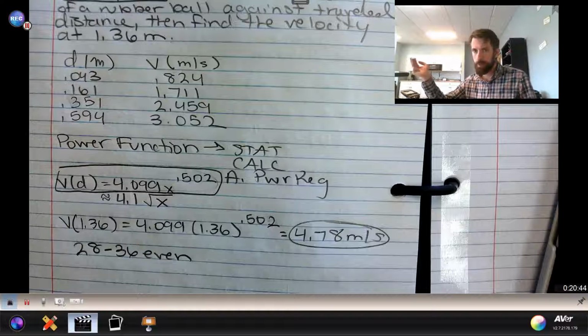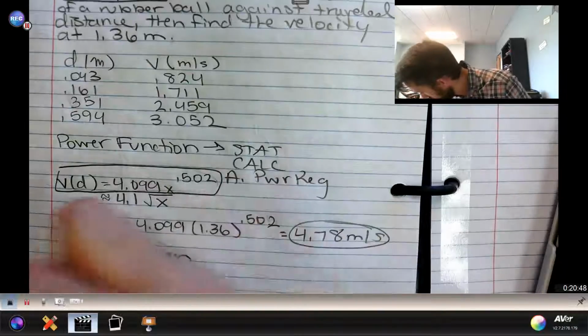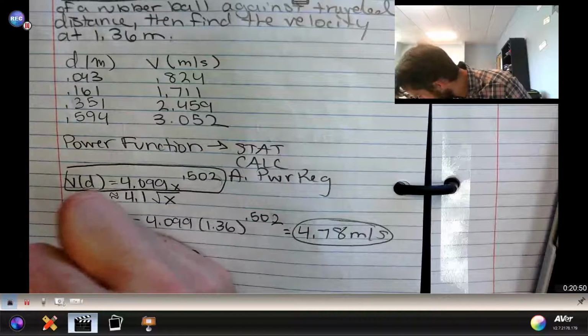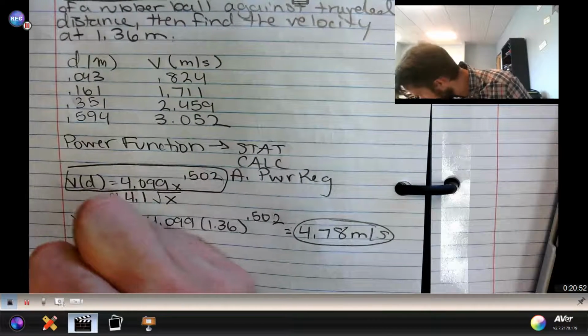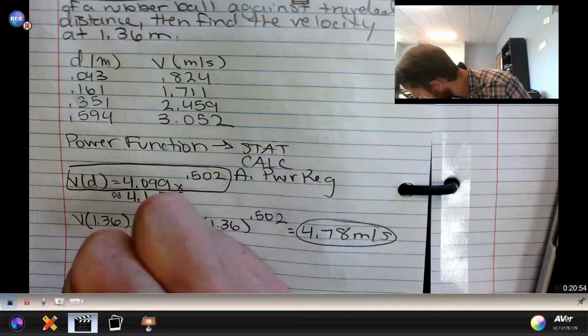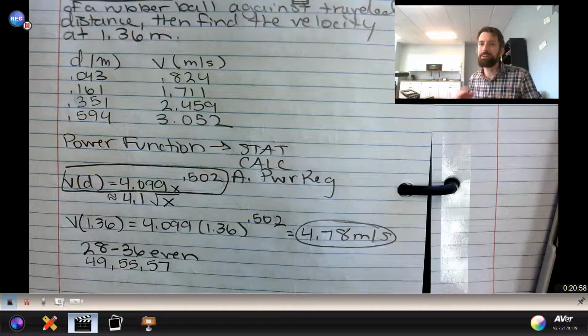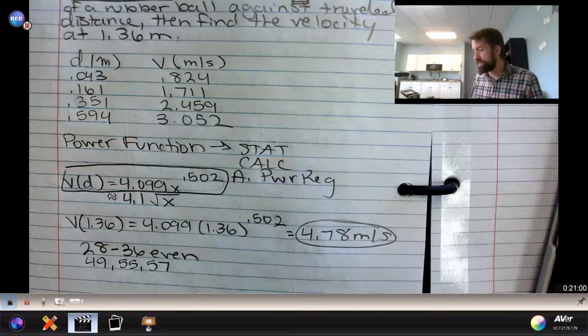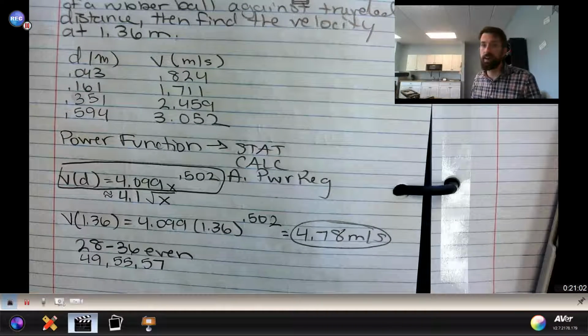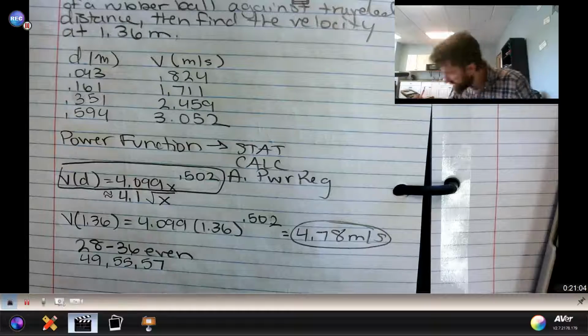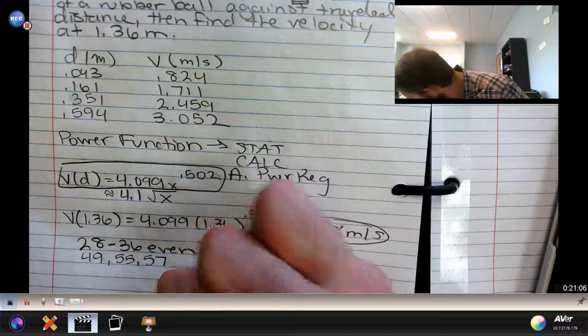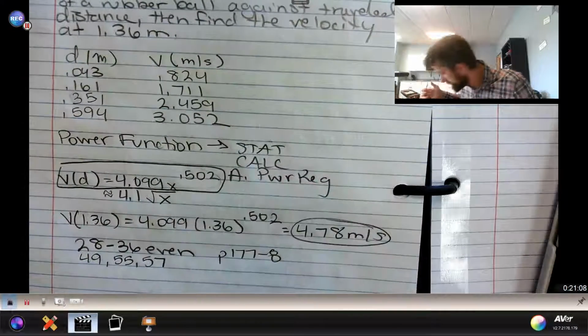In the next three problems, you're just identifying the transformations. And then 49, 55, and 57 are all modeling problems. For 49, you're just given a table to practice, and then you're given some context in 55 and 57. This is page 177 and 178.